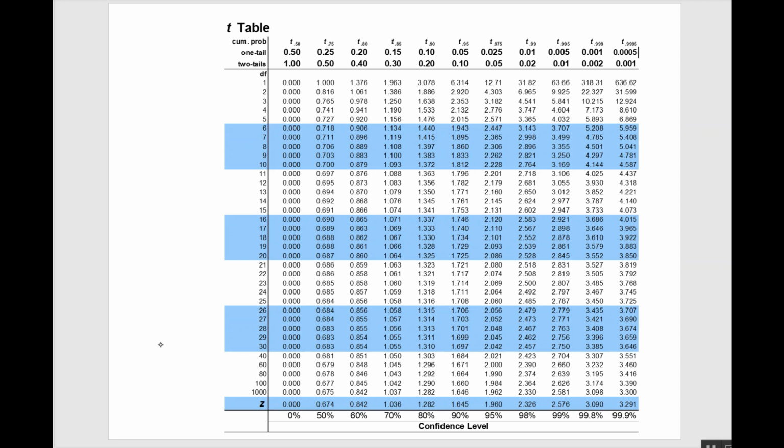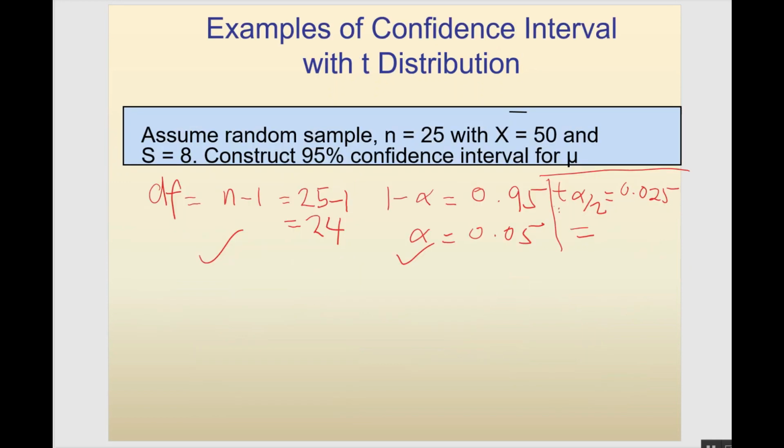What I want to emphasize here is that students need to know what the DF is, and also one tail and two tail. That's why it is very important for you to jot down the information once you get your question. Just now I told you DF is 24. Alpha is for two tail, so you read from two tail, then 0.05. When you put T alpha divided by 2 here, you get another value, which is for your one tail, on your right and on your left.